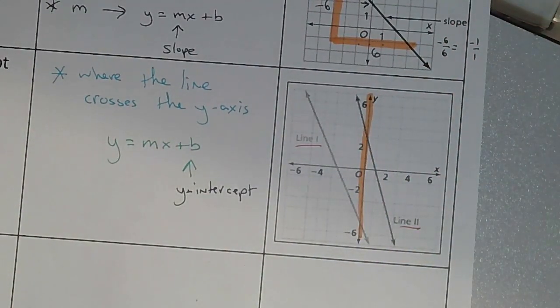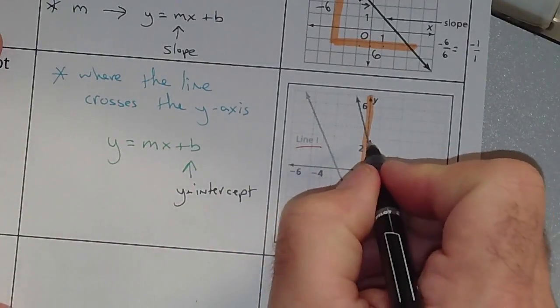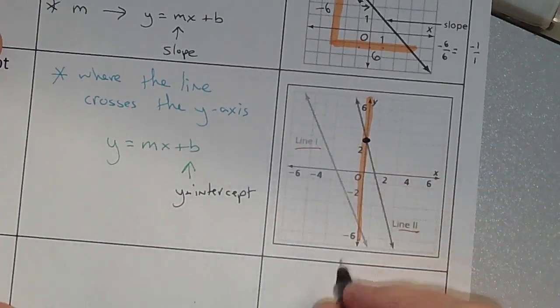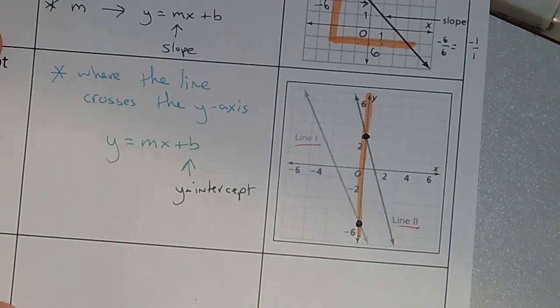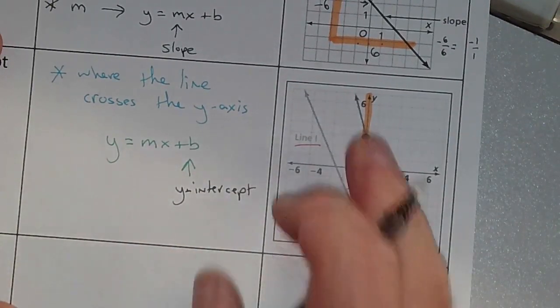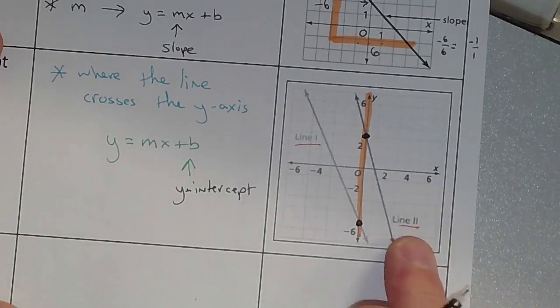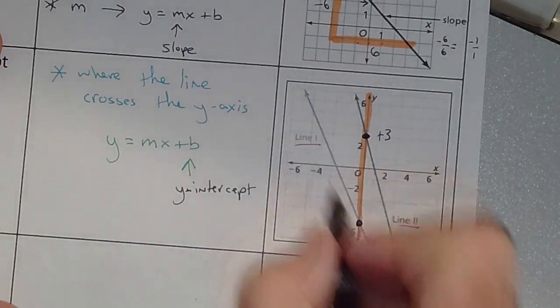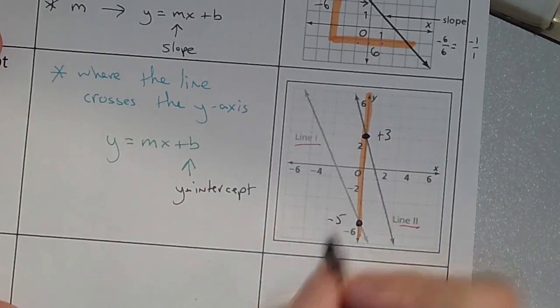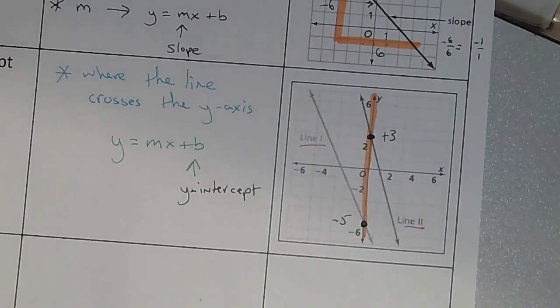So I've got this intersection right here, and this intersection right here. Now, what numbers are represented there? Line 2's y-intercept is +3. Line 1's y-intercept is -5, because it's 1 above -6.